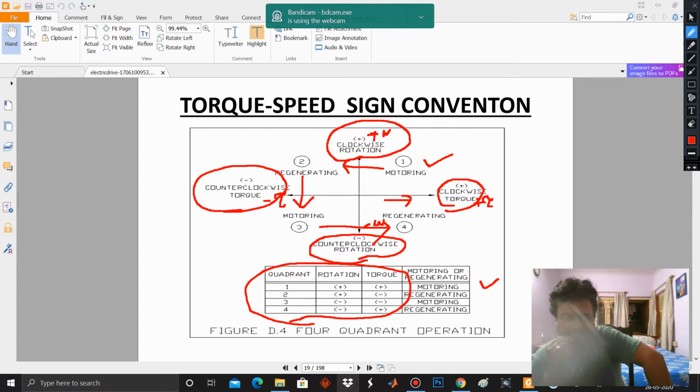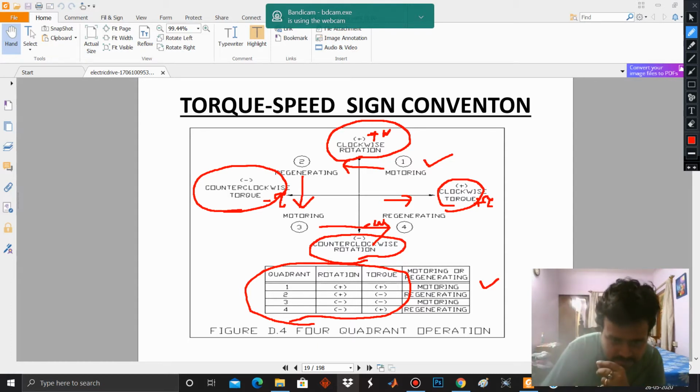Now as you migrate from the first quadrant to the second quadrant, you see that there is a sign change in the torque, but there is no sign change in the direction of the speed.